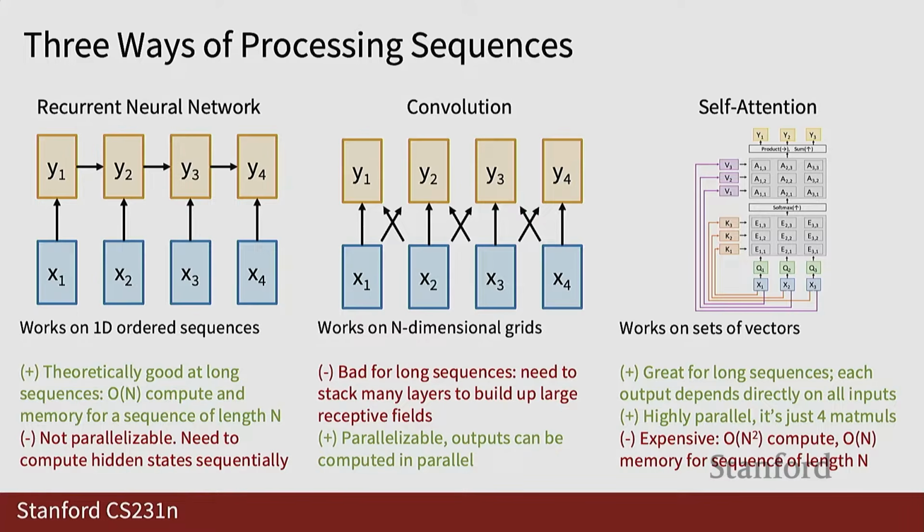They work much better than the other two. They are more expensive. They do add computation and memory requirements, but that comes with much better modeling of the sequence and better results in terms of any of the tasks.